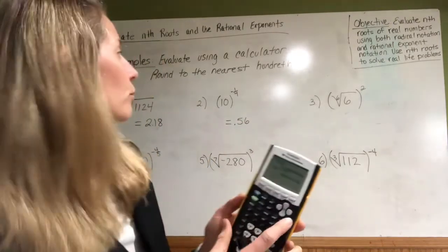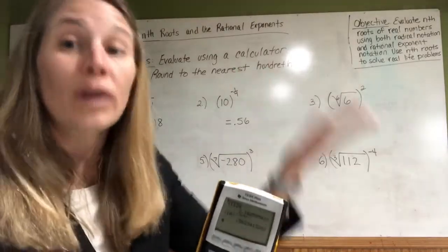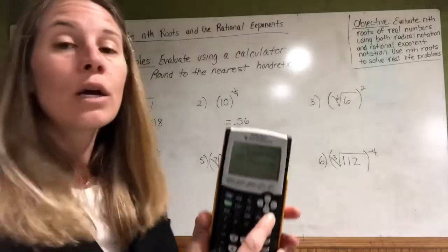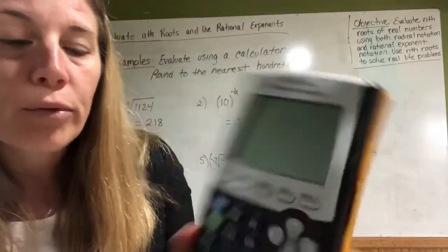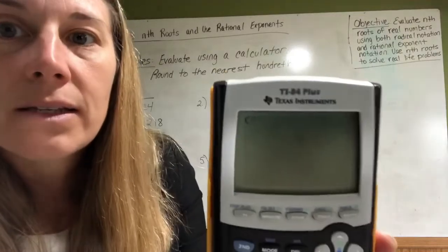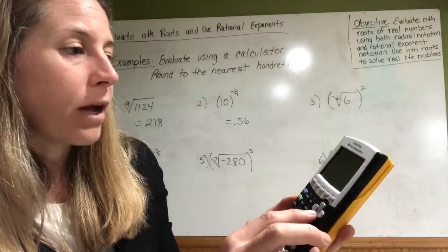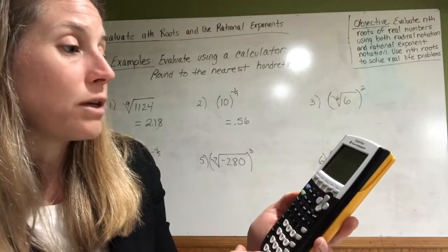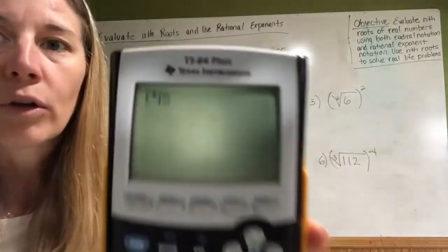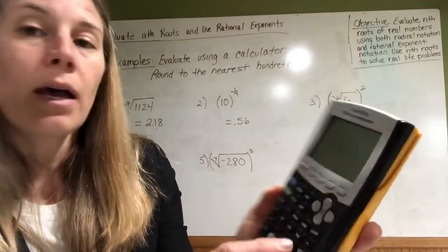Okay, so then number 3, if we're putting number 3 in, we have to do the 6th root, and then we're going to raise it to a power after that. So you're going to want to start out with your left parenthesis. Then you're going to have to put in that 6, and then go to the math button. On my calculator, it's menu number 5. So it'll look like that at first. Then you're going to put in the 6 from the inside.